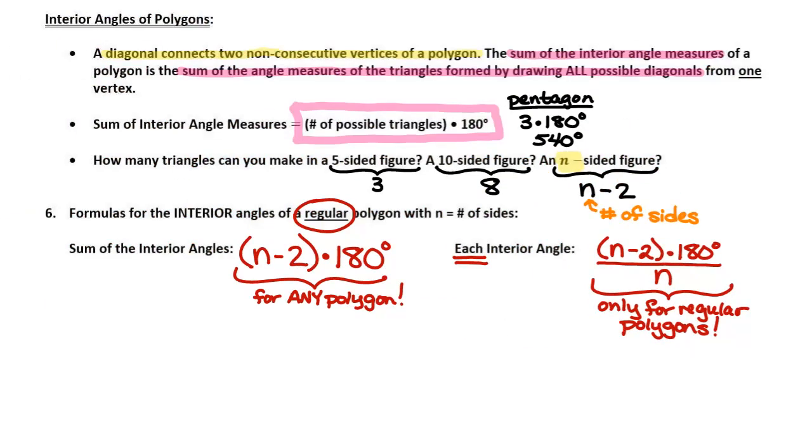So for any polygon, I can find out the sum of the interior angles. Only for regular polygons can I figure out the measure of each angle, because each angle will be the same as the one next to it in a regular polygon.